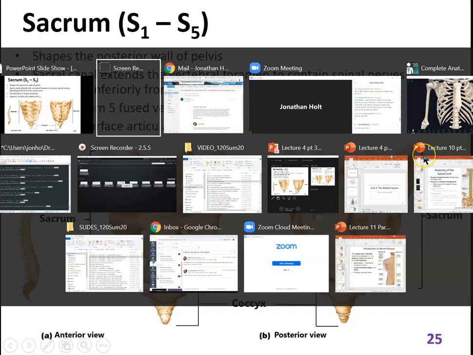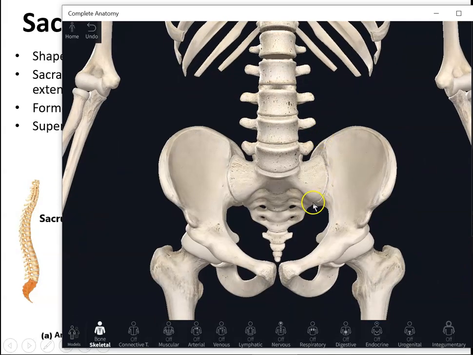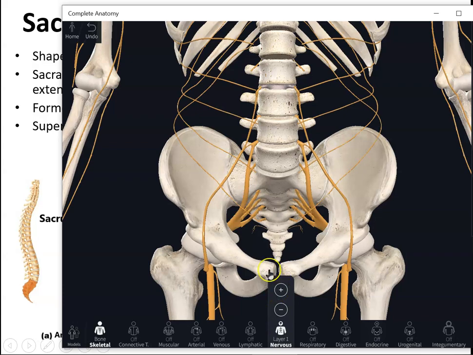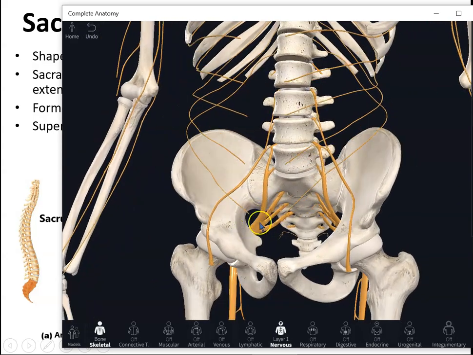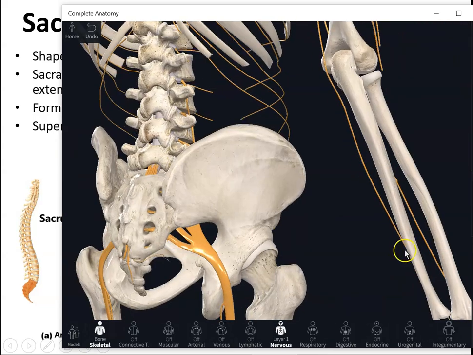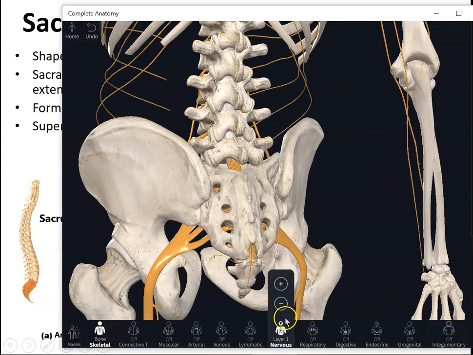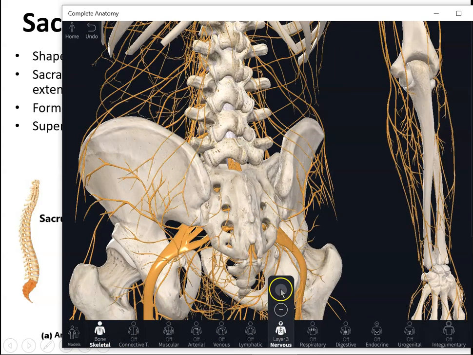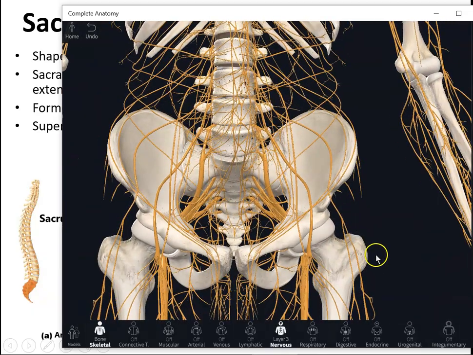So let's see if we can see that in our software. If I turn on nervous system, yeah, there you go, spinal nerves. So these would be like your sciatic nerves, and posteriorly they'd be minor. So there would be a few minor nerves coming out.